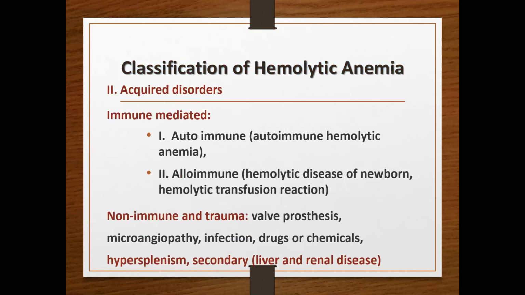The acquired disorders are either immune-mediated in autoimmune hemolytic anemia, or alloimmune in hemolytic disease of the newborn or hemolytic transfusion reaction, or maybe non-immune and traumatic, involving prosthesis, microangiopathy in hemolytic uremic syndrome, infection, drugs or chemicals, hypersplenism, or secondary liver and renal diseases.